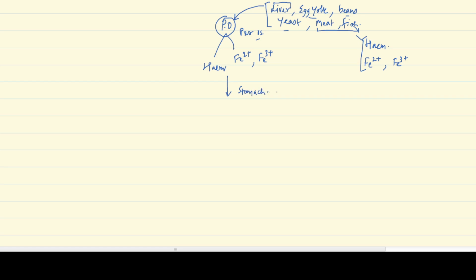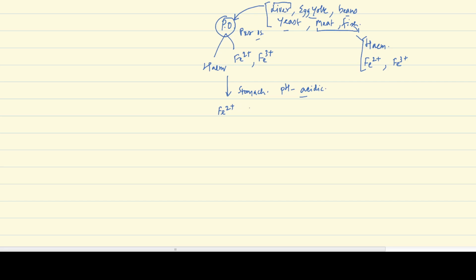In the stomach, the pH is acidic. So what happens is there is a reduction of iron into its ferrous form. Predominantly the iron that would be present would be the ferric form.